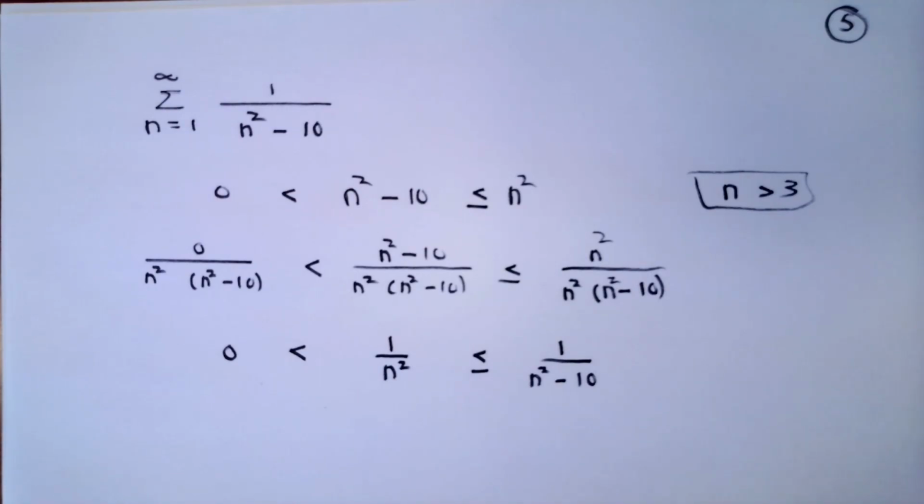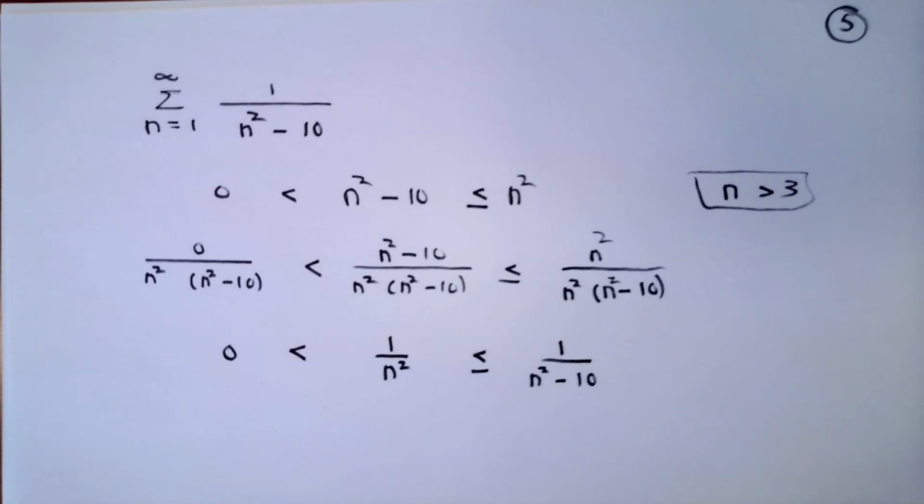But on the other hand, if n were very, very large, then I think that n squared minus 10 would be a substantial fraction of n squared. I bet that after a while, n squared minus 10 is more than half of n squared. Now, this is just what I think. I have to verify this conjecture of mine.